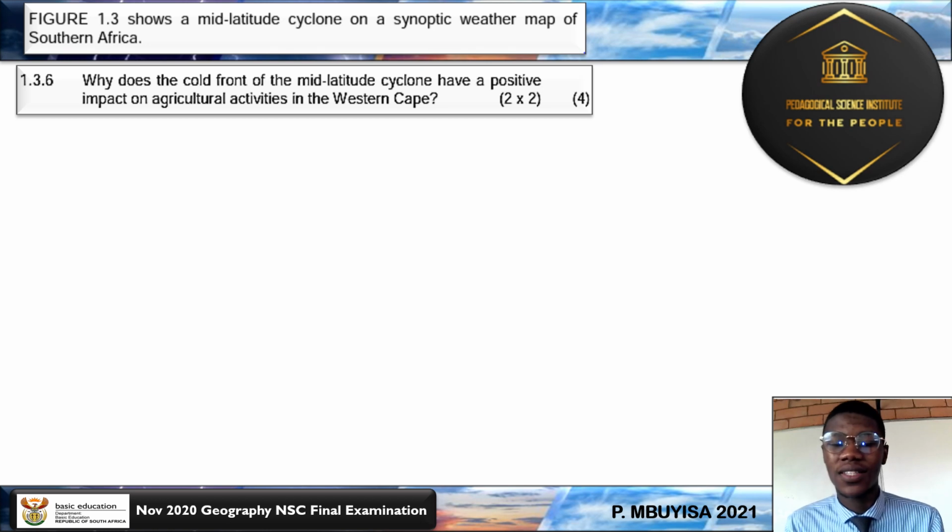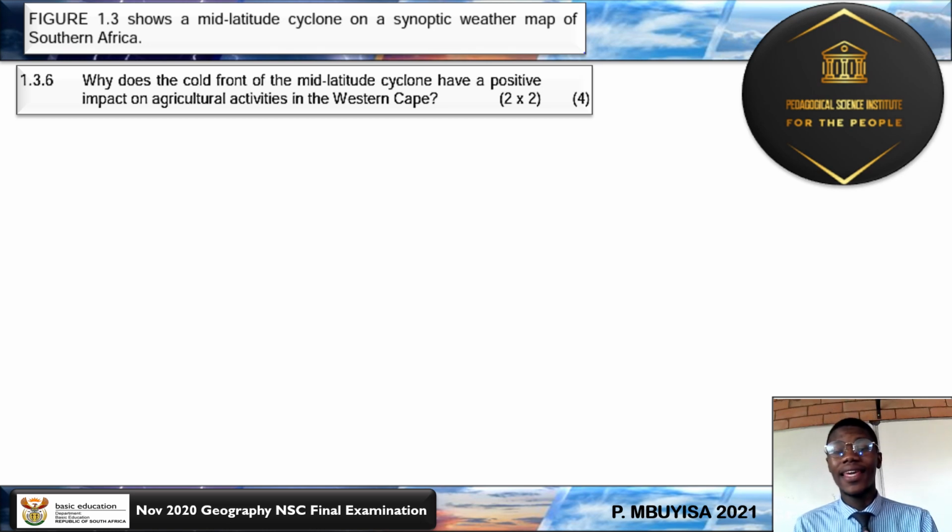Cumulonimbus clouds are characterized by severe heavy rainfall, and this heavy rainfall leads to water, right? Rainfall means water, and more water means we can practice agriculture.